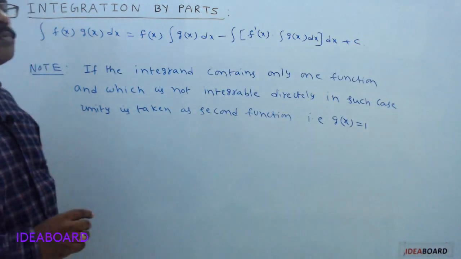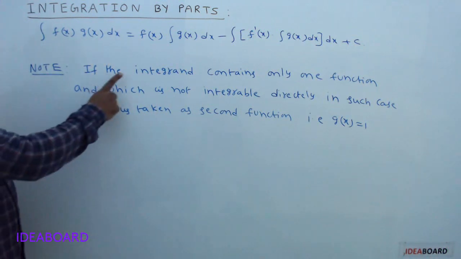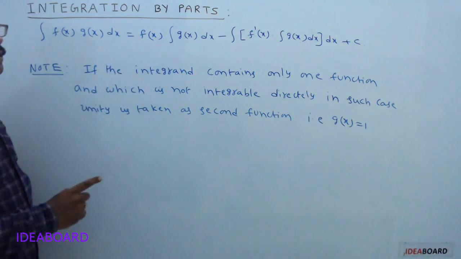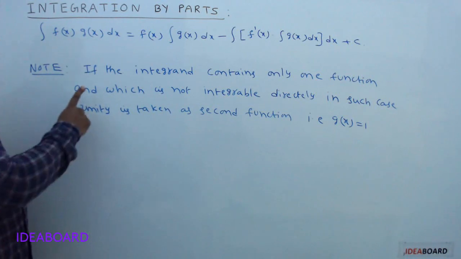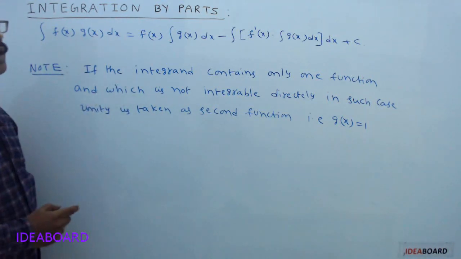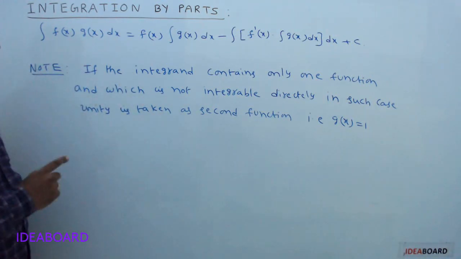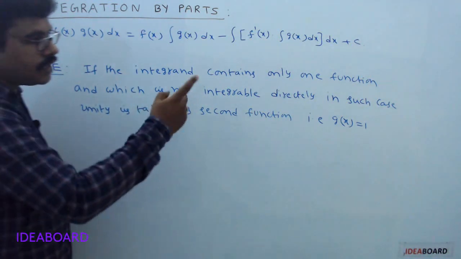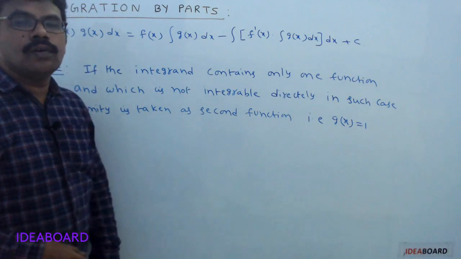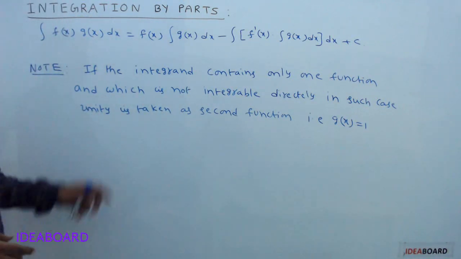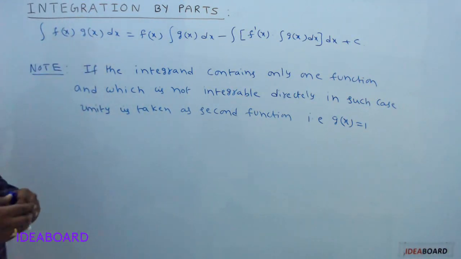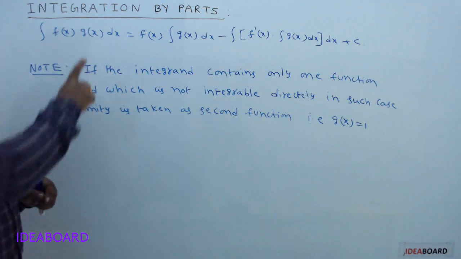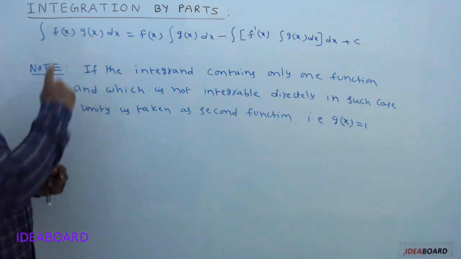Now see one more important point. If the integrand contains only one function and which is not integrable directly, in such case unity is taken as a second function, that is g of x equal to 1. Generally we use this integration by parts formula to integrate product of two functions.